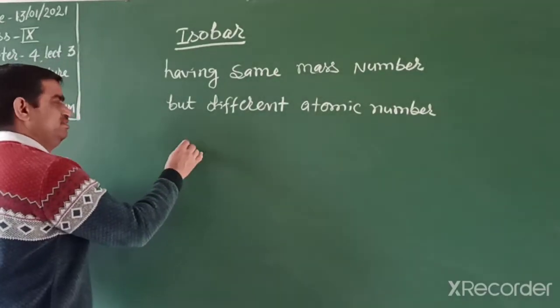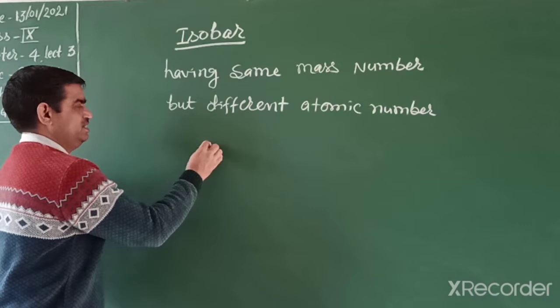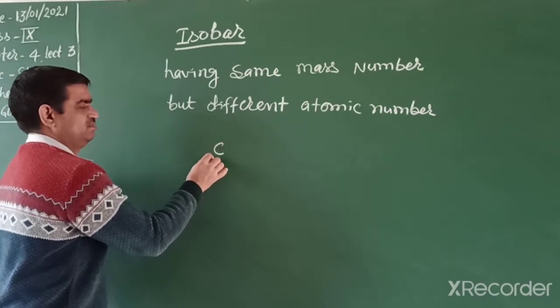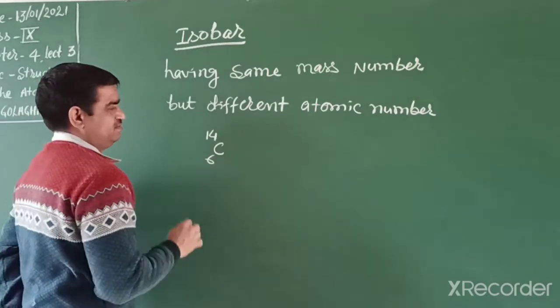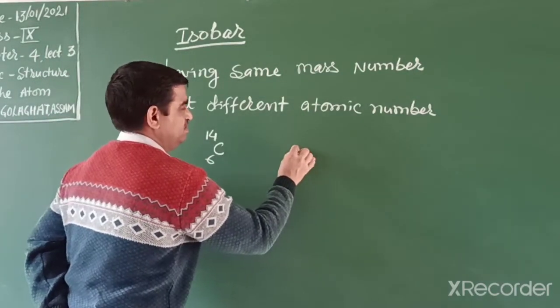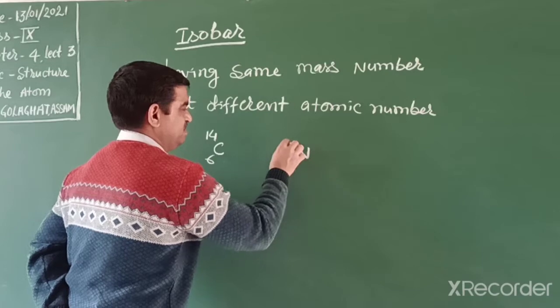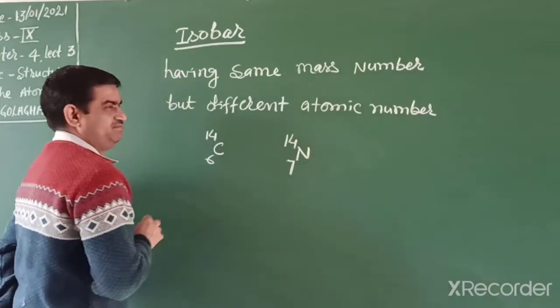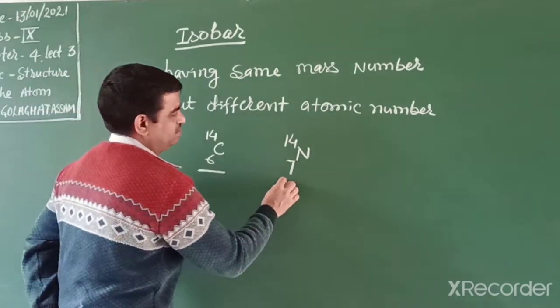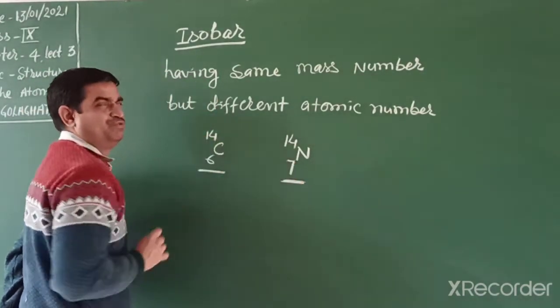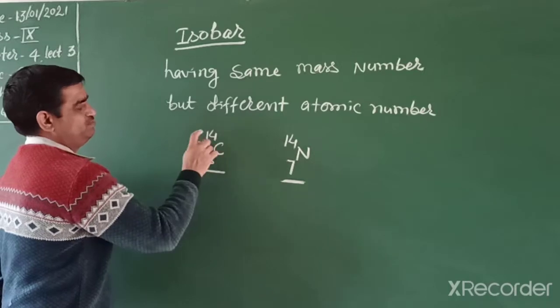For example, we can explain with carbon-14, a particular isotope of carbon, and nitrogen-14, 7N14. If we compare these two elements, carbon 6C14 and nitrogen 7N14, what do we observe?